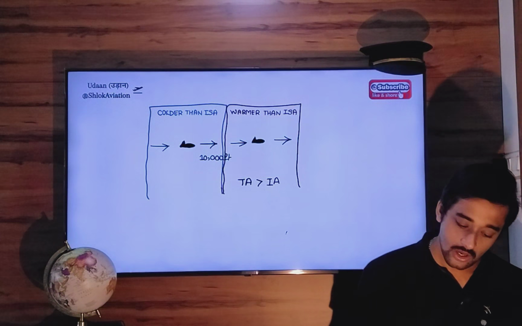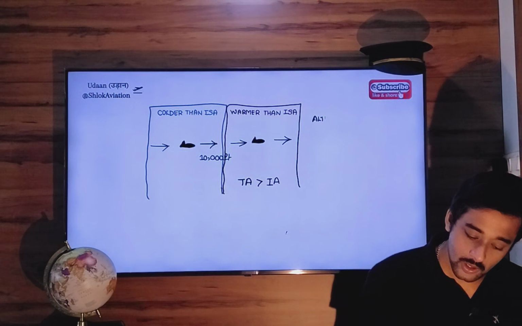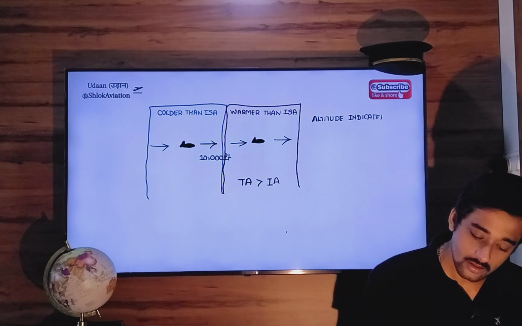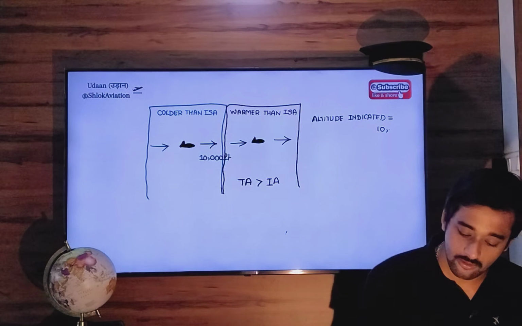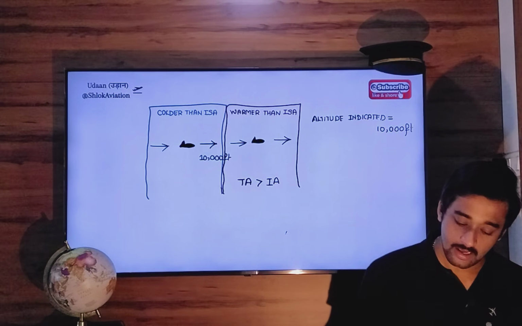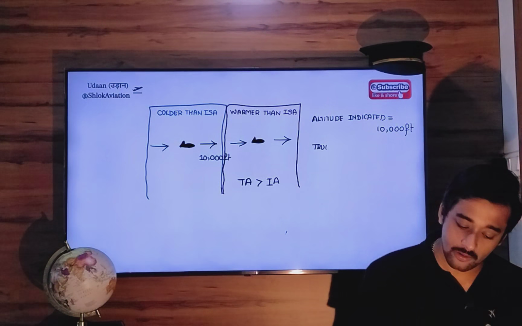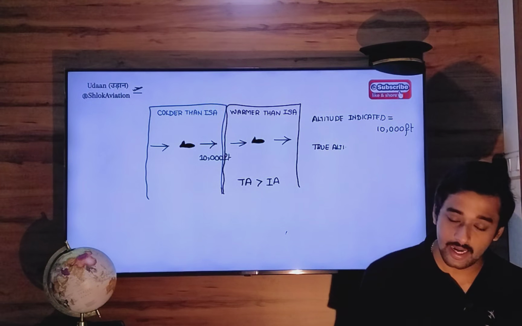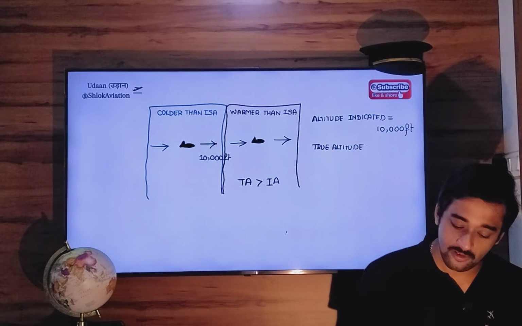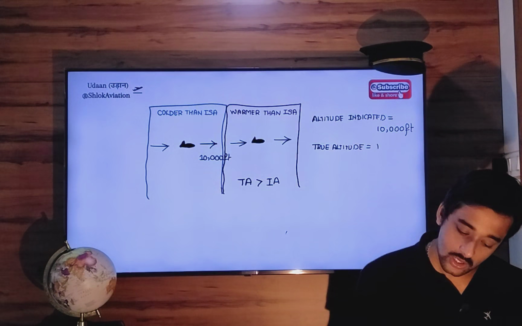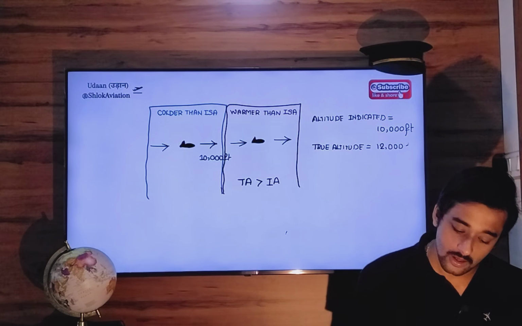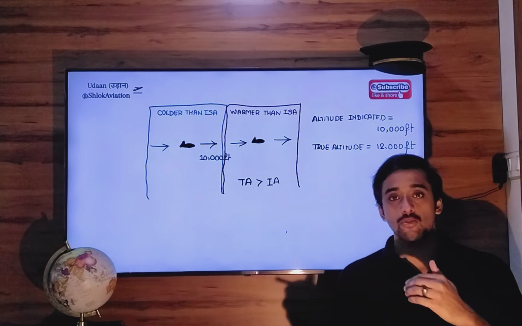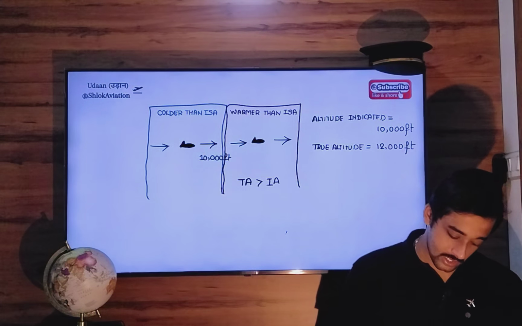That means your altimeter may be indicating to you that you are flying at 10,000 feet. In reality, your true altitude will be more than that. Let's say 12,000 feet. True altitude will be always more than the indicated altitude.